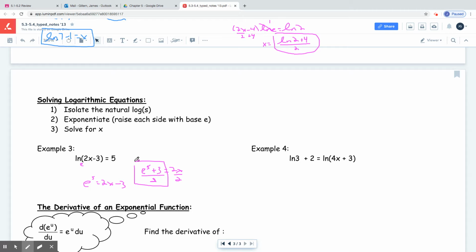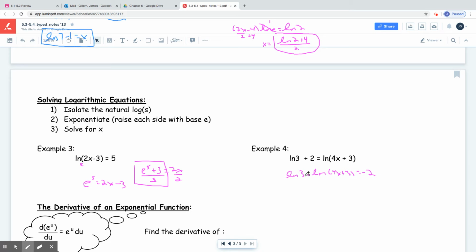All right. Now, if you have to, you isolate logs first, right? So let's get it so that the logs are all on one side, and let's make it so they are on the left. So I have the natural log of 3 minus the natural log of 4x plus 3 equals -2.